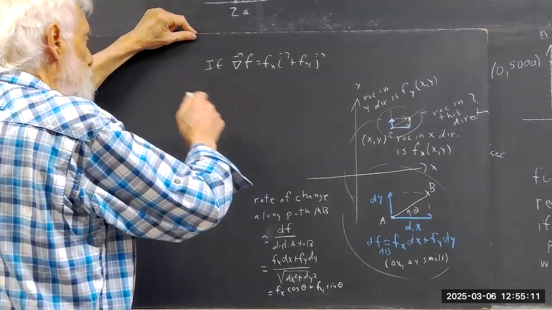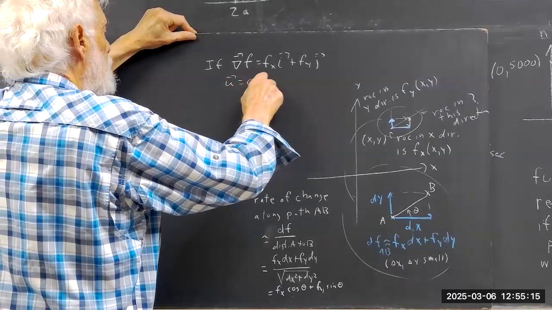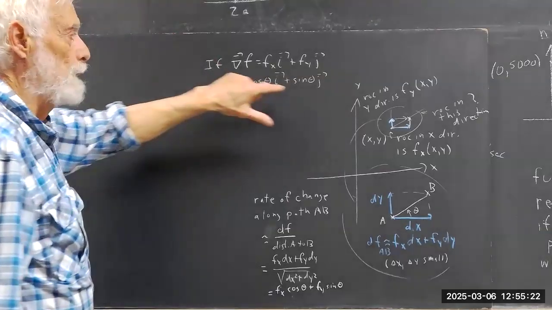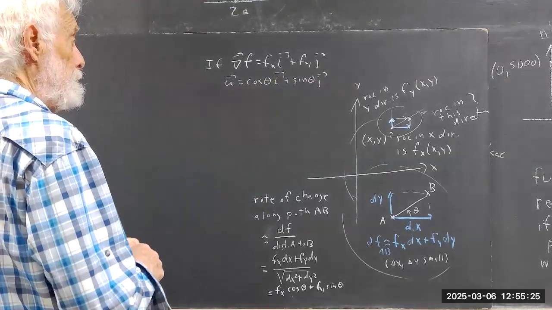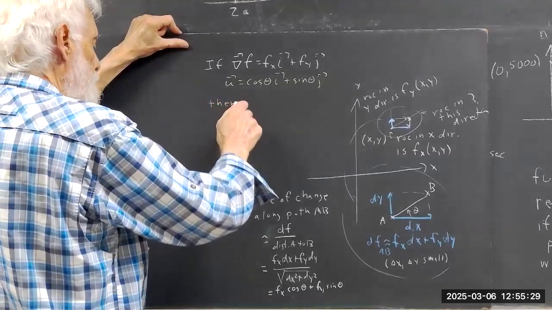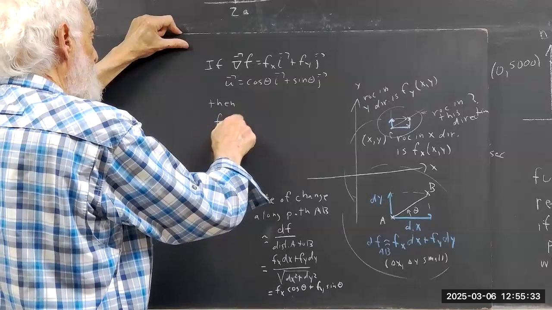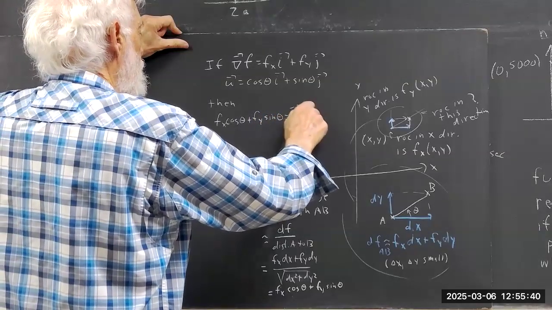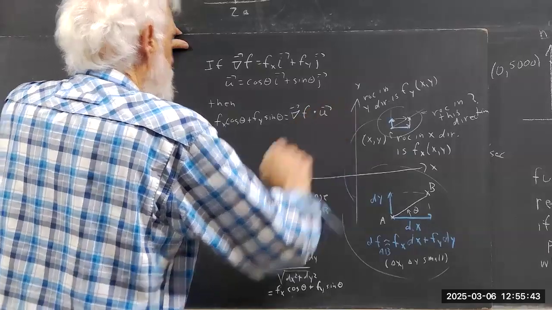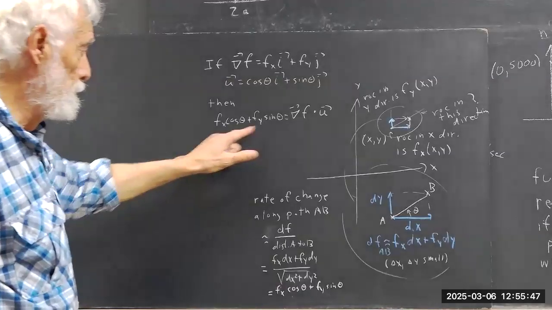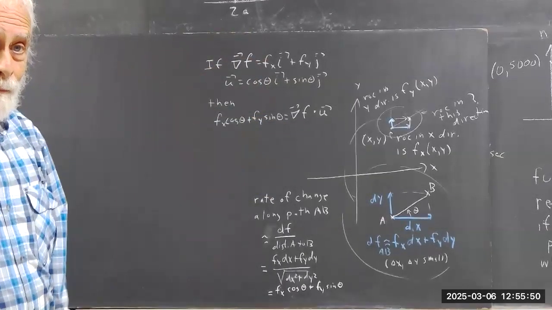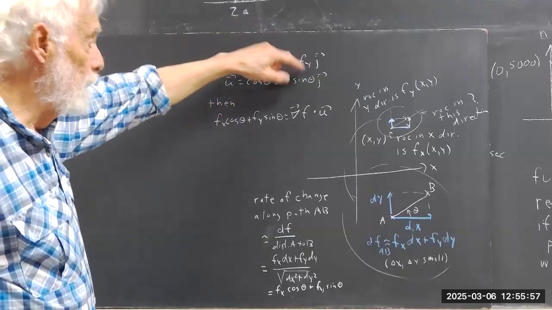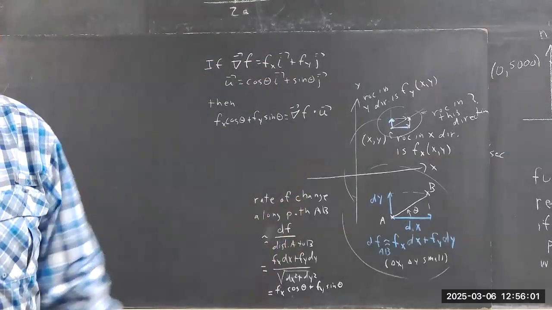And if u equals cosine theta i plus sine theta j, then this thing I said is the directional derivative is just equal to the dot product: Fx times cosine theta, Fy times sine theta. There's our directional derivative.